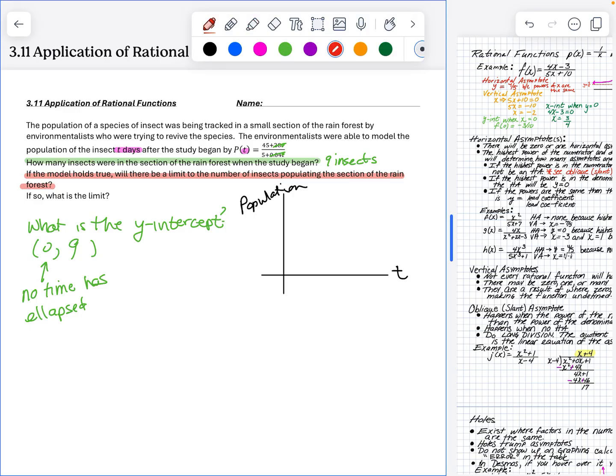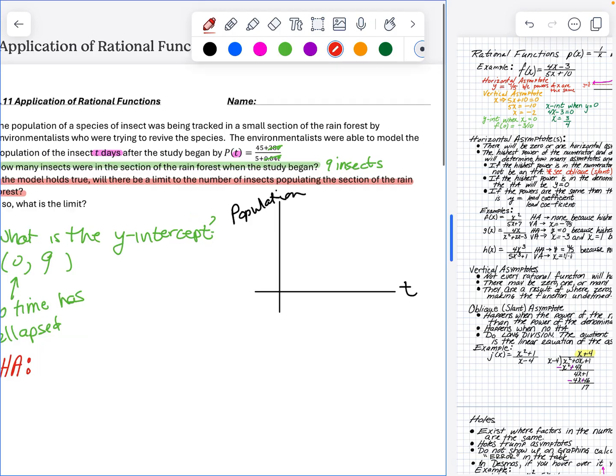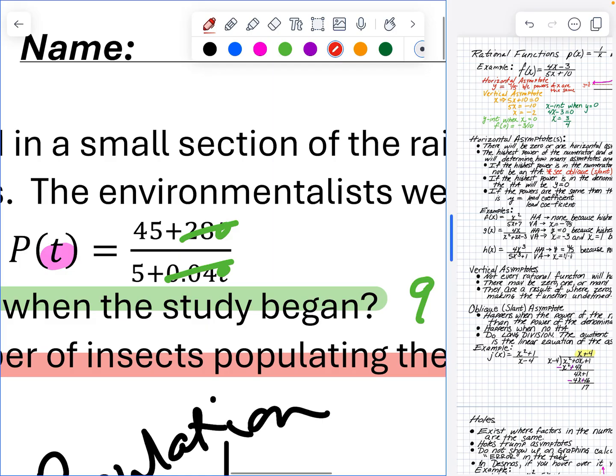If we remember from our notes, horizontal asymptotes are a comparison of powers. If we compare our powers, this is to the first power, and so is this. So the powers are the same.